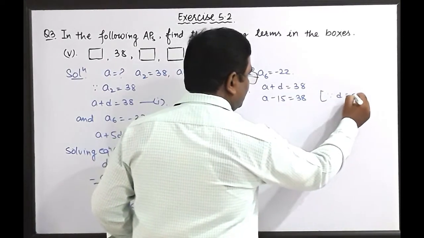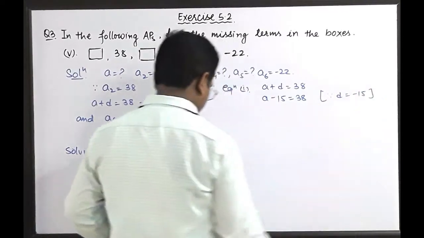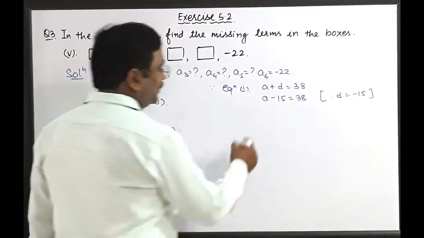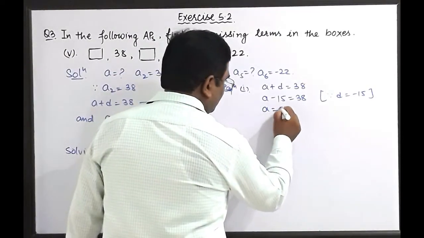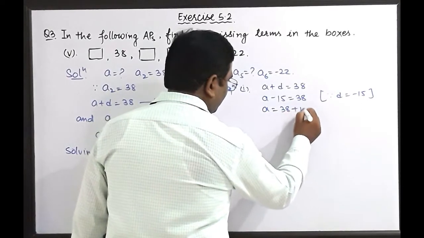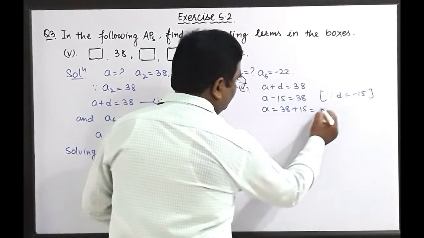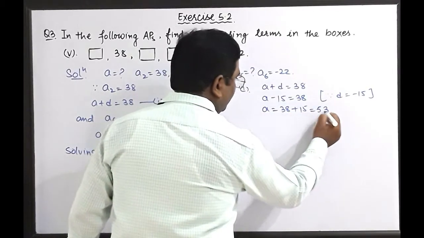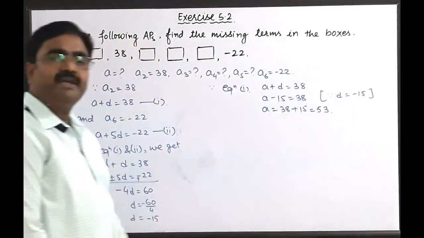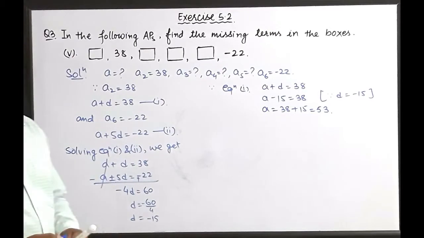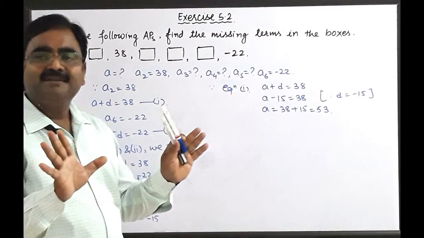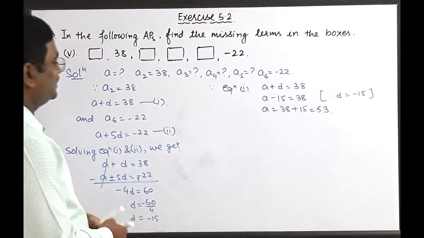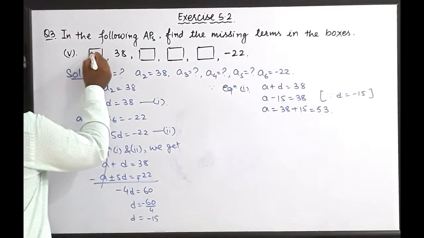Because D is equal to minus 15. Right? So A is equal to 38 plus 15, that is equal to 53. The value of A. अभी सभी वैल्यूज हमें आ गई, तो हम क्या करते हैं? The first term is 53.